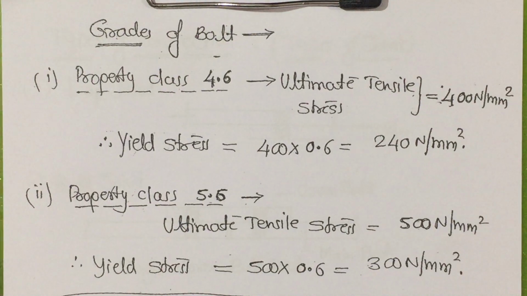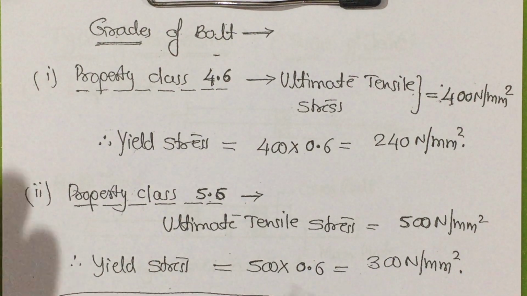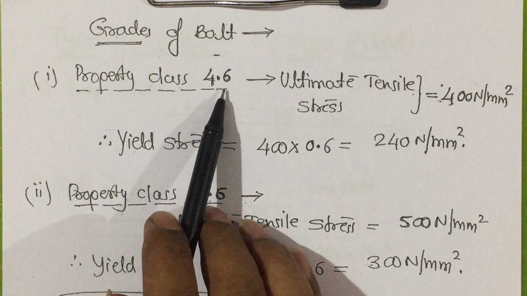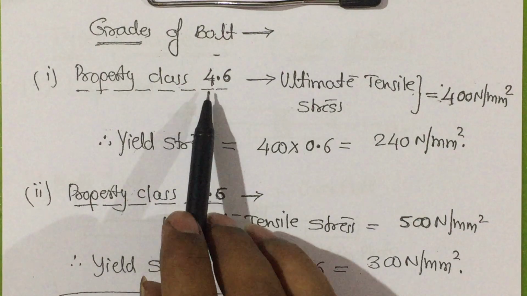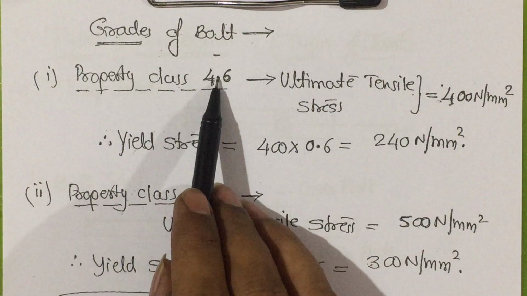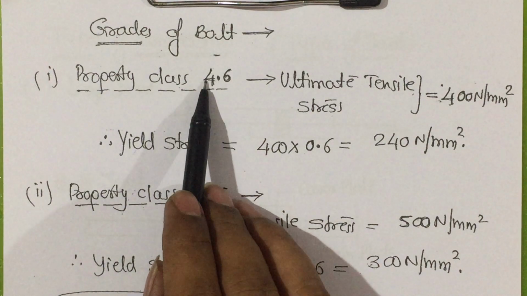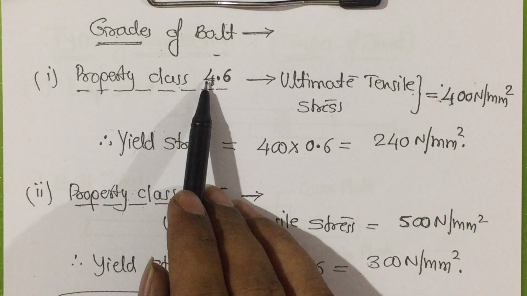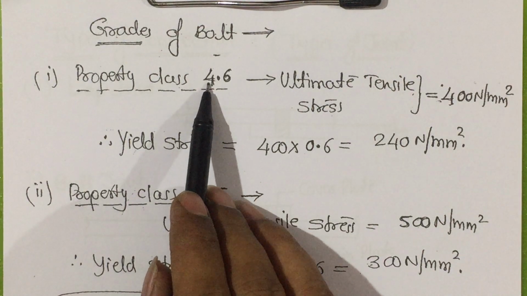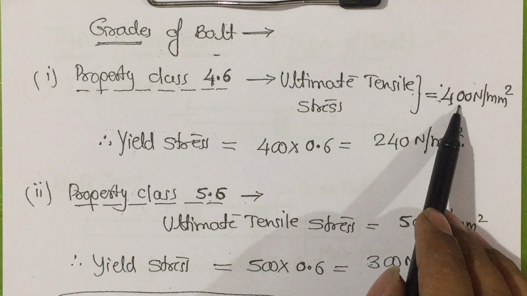Then if we come to the grade of the bolt, if I say property class 4.6 in the problem, that indicates the ultimate tensile stress is equal to the digit before the decimal multiplied by 100. Before the decimal point 4 is there. So, 4 into 100, 400.